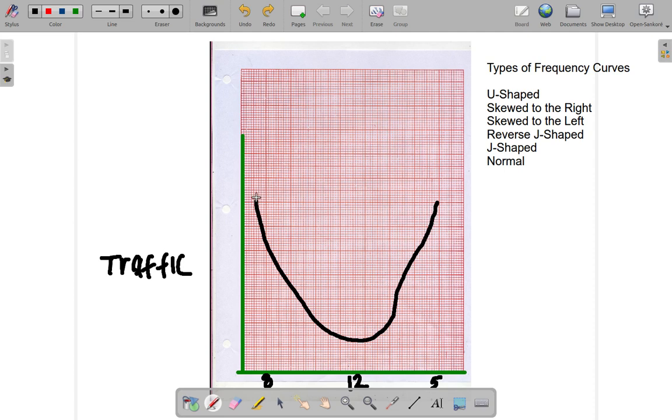A lot of people are going to work at 8, between 7:30 and 8, heavy traffic. The traffic goes down by midday, there isn't much traffic. But then later on, the traffic builds up again as people are coming from work and school, right? That could give a U-shaped curve.